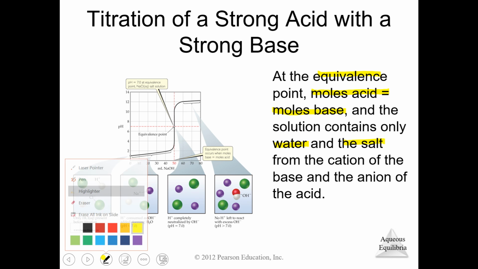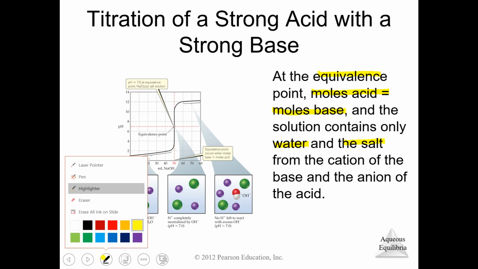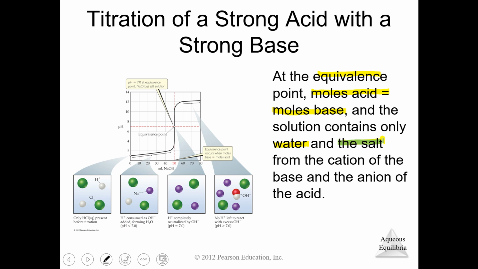Now, I want to make something very clear. The salt is made up of the cation of the base and the anion of the acid.